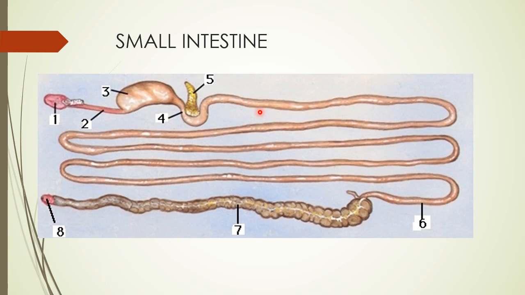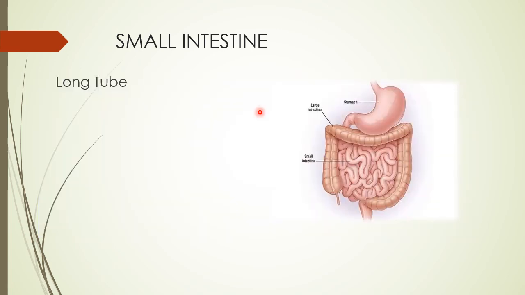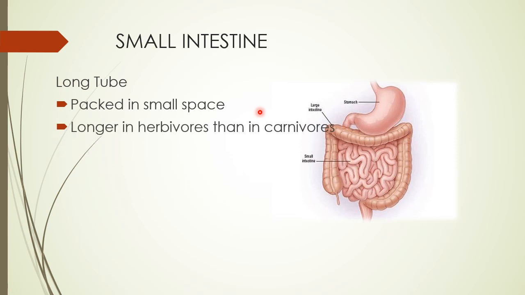Now the small intestine is even longer in herbivores. Why? Because herbivores feed on cellulose, which is very difficult to digest. Now carnivores like tigers feed on meat, which is much easier to digest.